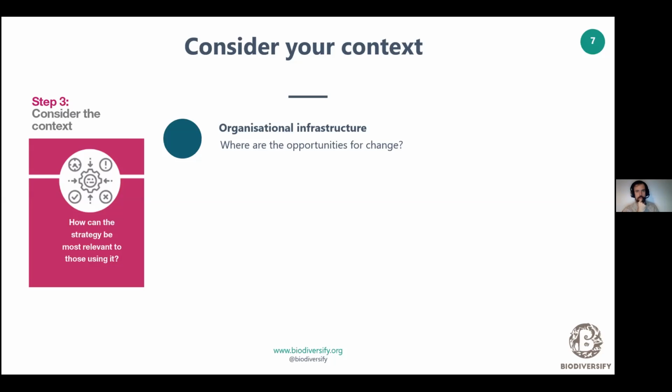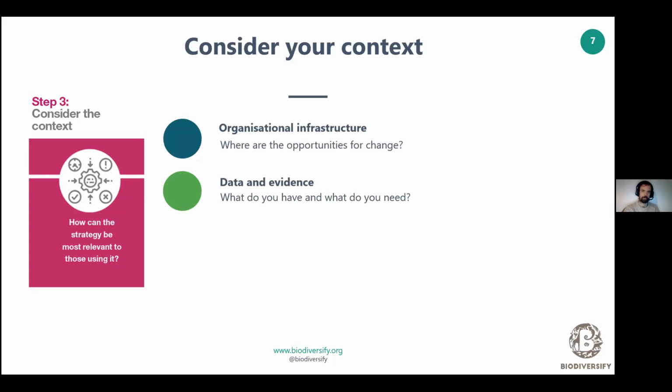Now, I think most of us are aware that leather has a really high impact on the environment. But if that's part of your brand, there's not really much you can do about that. But what you can do is work with your suppliers. You can work with your farmers. You can work with the places you source from. You can think about the impacts that might have and how you might compensate for that. So where are the opportunities for wiggle room, where they exist, and where there are opportunities for meaningful change as well.